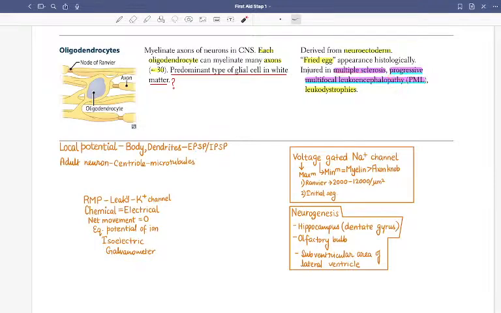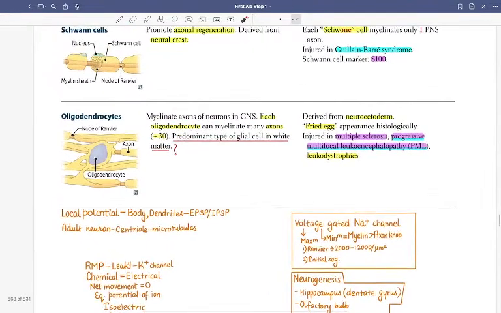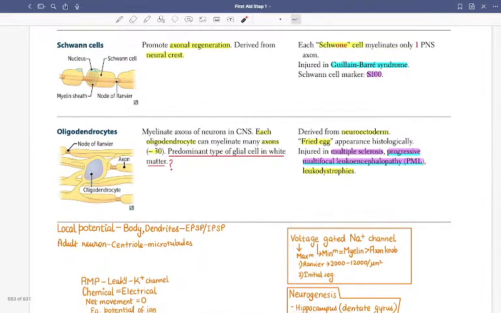So now one thing, we had MS and we had GB. Remember this: MS is oligodendrocytes, mainly related to the central nervous system. GB was Schwann, and that was PNS. So this is a marker of difference.